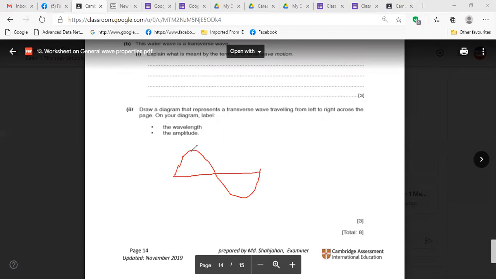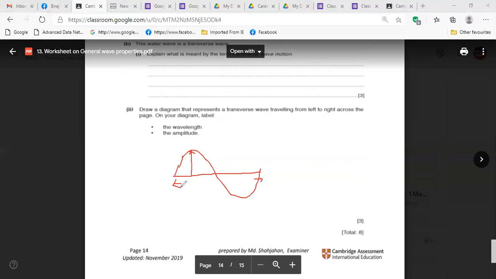Of course, your drawing will be better, because you are using a ruler and a pencil. So this is our amplitude, this part. And from here till here we have the wavelength.